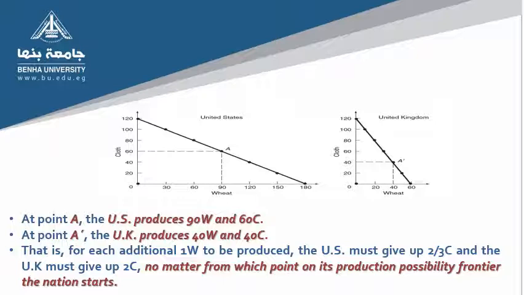For example, for each additional 1 bushel of wheat to be produced, the United States must give up 2/3 yards of cloth, and the United Kingdom must give up 2 yards of cloth, no matter from which point on its production possibility frontier the nation starts. Accordingly, the fact that the opportunity costs of both nations are constant reflects the fact that the production possibility frontiers are straight lines.